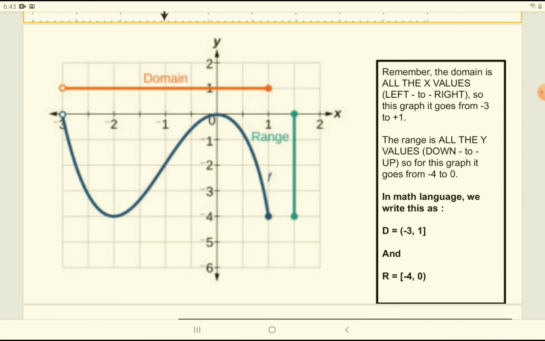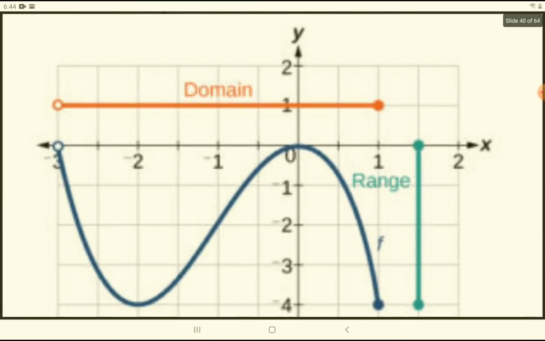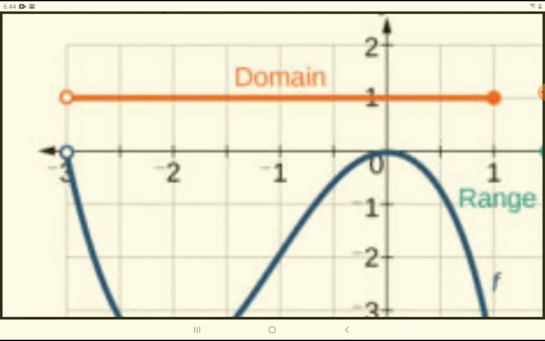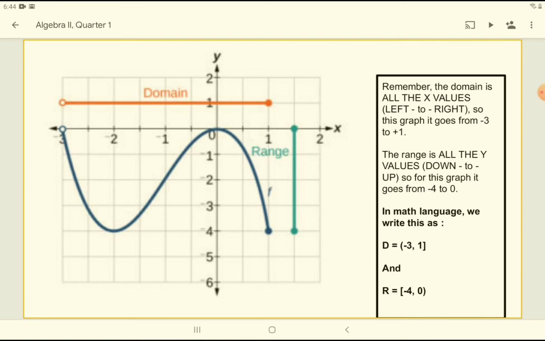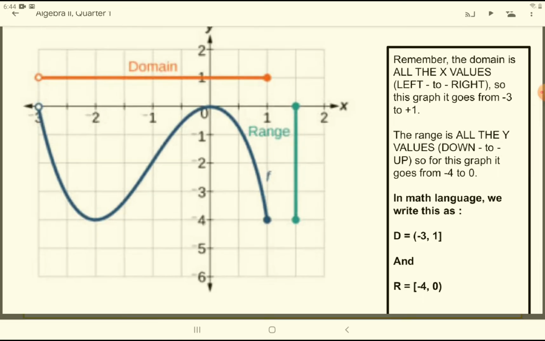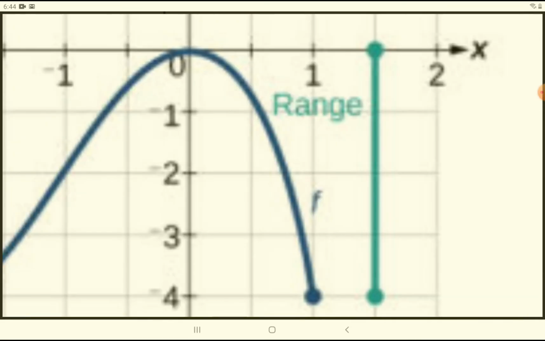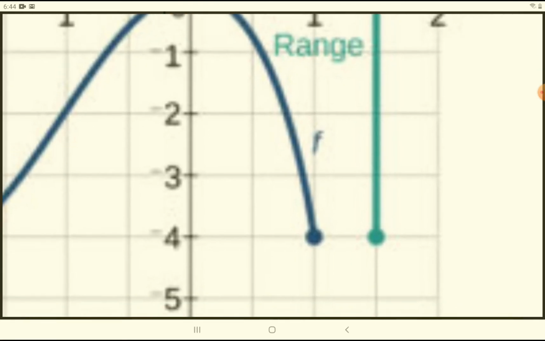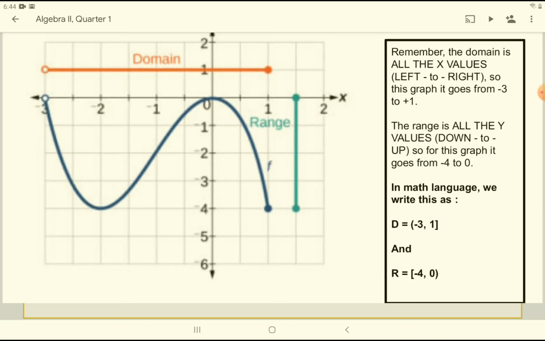And the reason that it's a parentheses for the -3 is that if you look closely, the circle is actually an open circle. Okay? I don't know if you guys remember that from Algebra 1. And if you look closely at the 1, that is actually a closed circle right there on the graph.